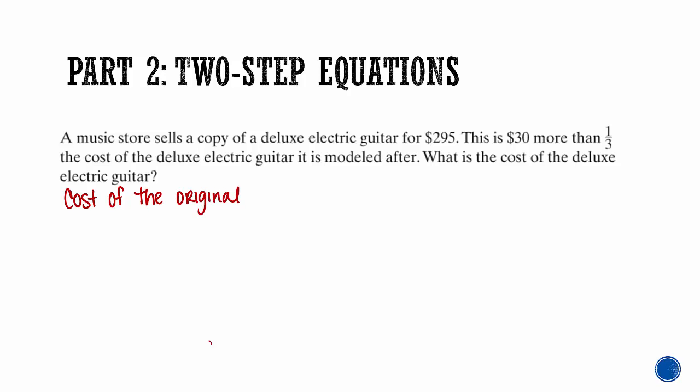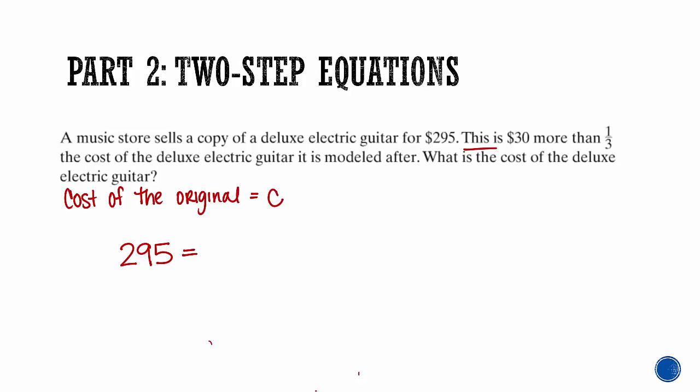They tell us what the cost of the copy is. So let's make this a variable because we don't know it. Let's say C for cost. So then write down what we know. We know that the copy is $295, and that's 30 more than 1/3 the cost.